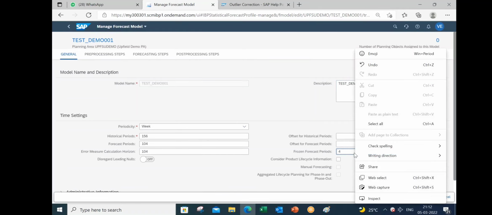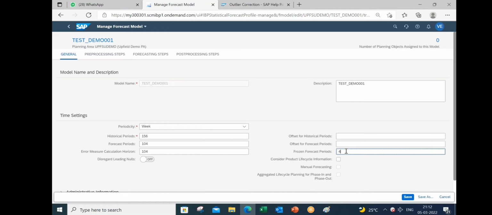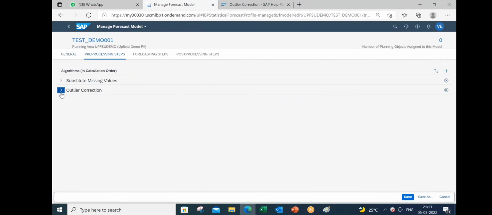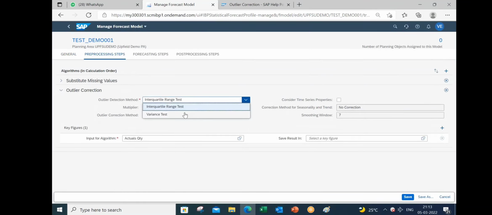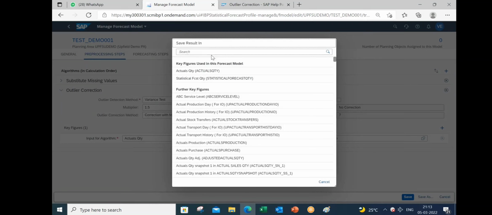And even for frozen forecast, this also. And in outlier, select variance test. And let me save the result.